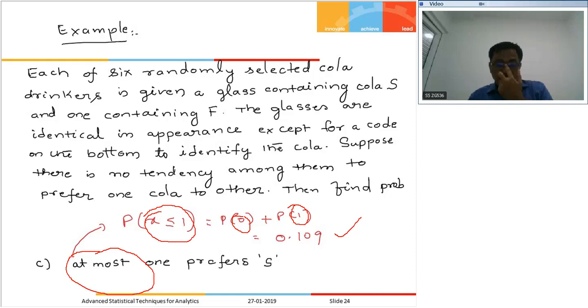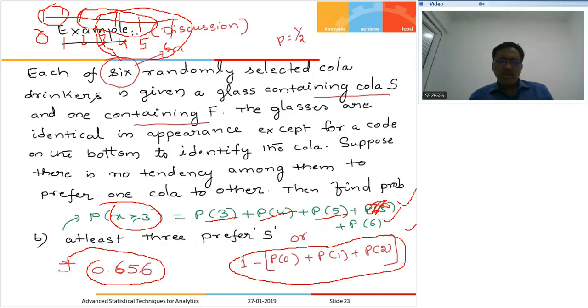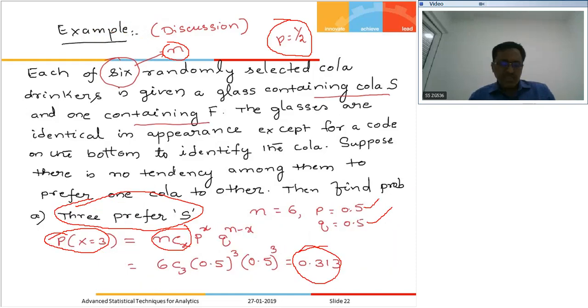P of 0 is not going to be 1 actually. P of 0 we need to calculate where x equals 0. Suppose we take this example, we need to calculate P of 0. That means here x is 0. 6C0, 0.5 whole power x, that means 0, and 0.5 whole power 6 minus 0, that is 6. 6C0, that is nC0, is always 1.